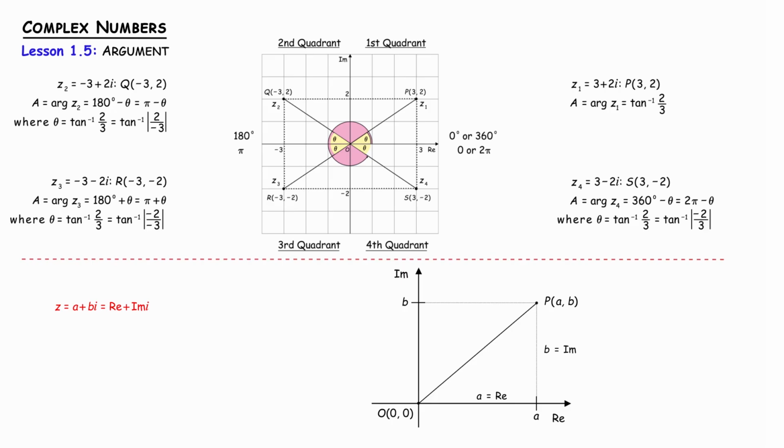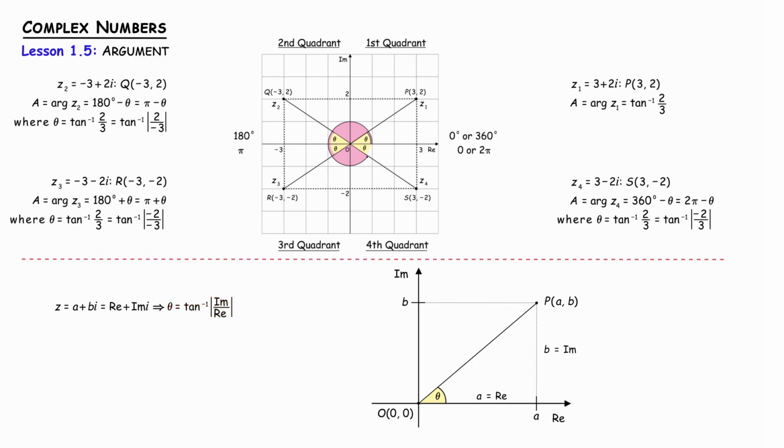Call theta the argument of z. We define theta to be the inverse tan of the absolute value of the imaginary part over the real part. Taking the absolute value takes care of any negative signs where z is in other quadrants.